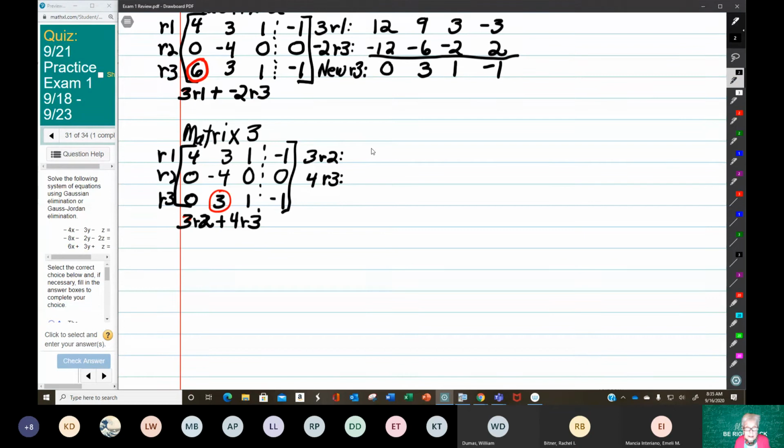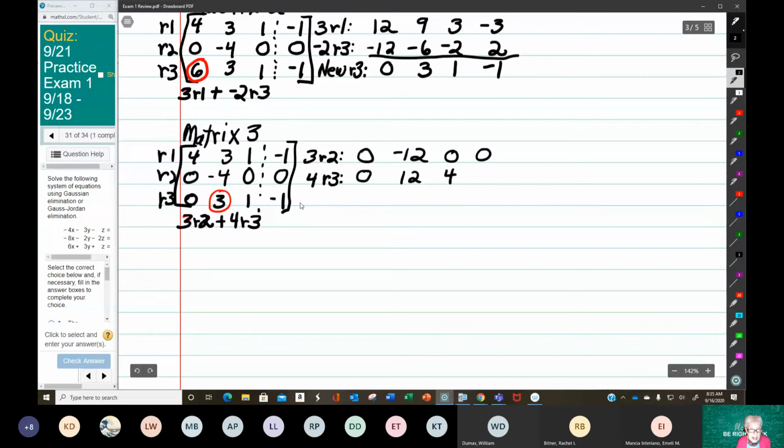3 times 0 is 0. 3 times negative 4 is negative 12. 3 times 0 is 0. And 3 times 0 is 0. Okay. And now 4 times 0 is 0. 4 times 3 is positive 12. 4 times 1 is 4.